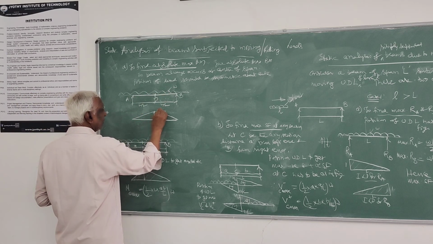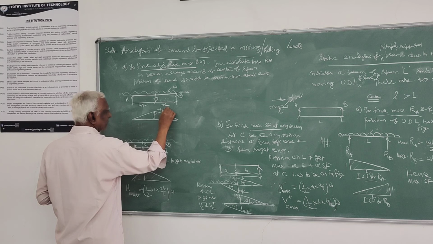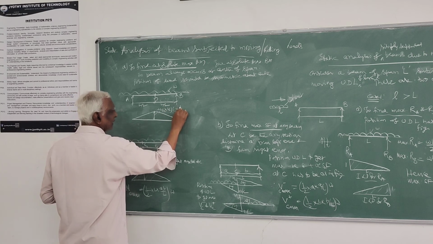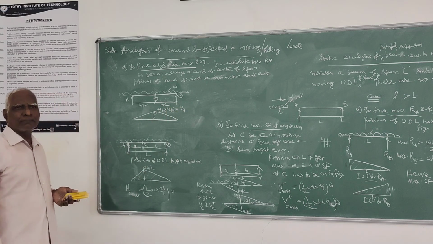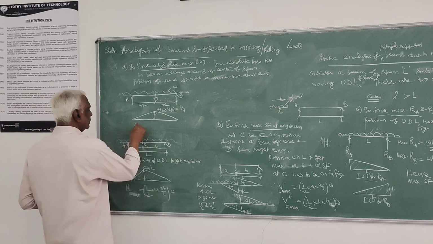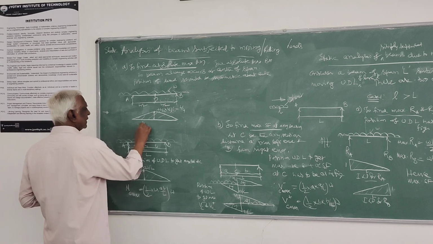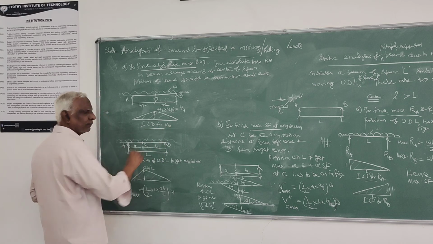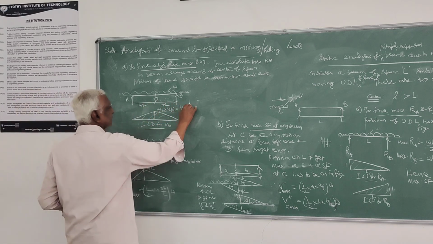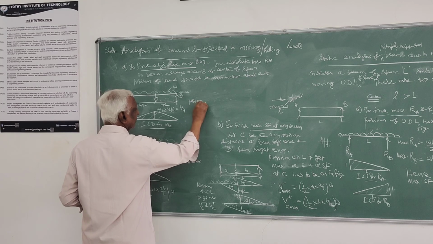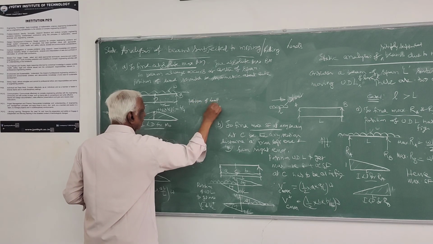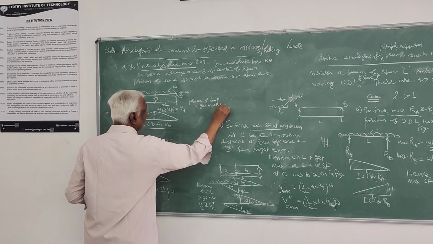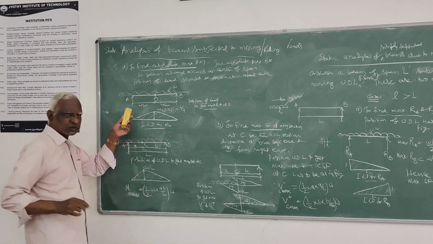So this value will be AB by L, that is L by 2 into L by 2 divided by L, that will be L by 4. Now this entire portion has been loaded. This is the ILD for MO, the center. So this is the position of load to get maximum bending moment at O. It has to be like this.